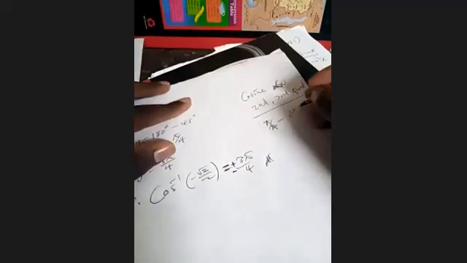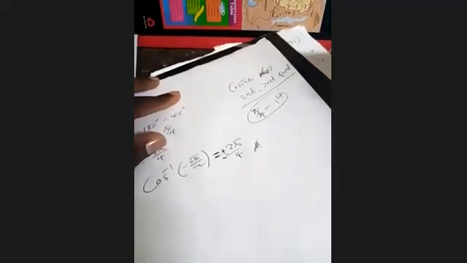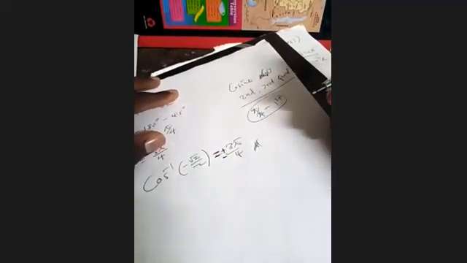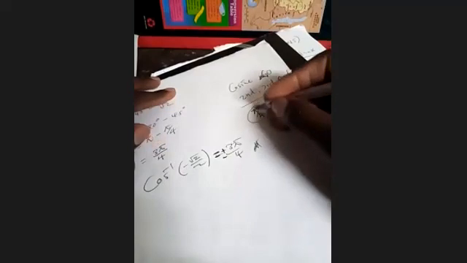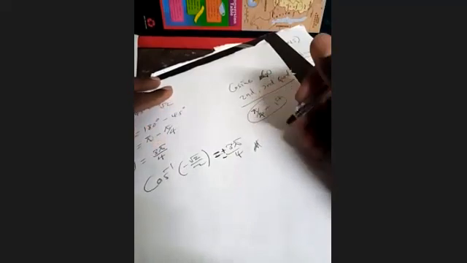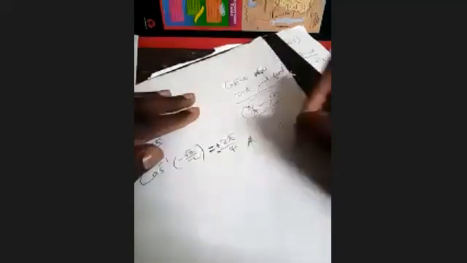But this same angle can help us to find the angle in the second quadrant. So we just ask ourselves, given an angle in the first quadrant, how do we find a coterminal angle which is going to be in the second quadrant? We simply subtract from 180.